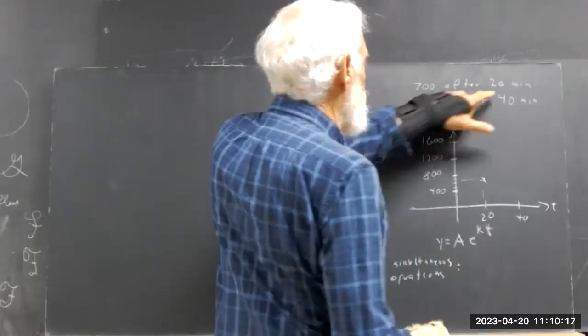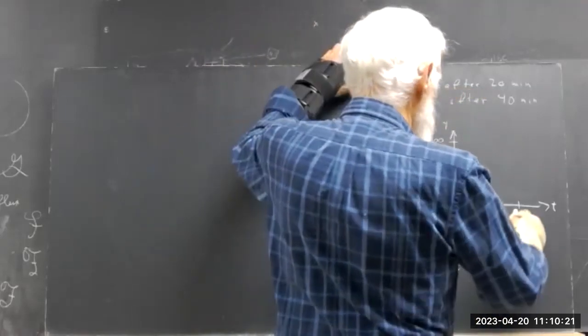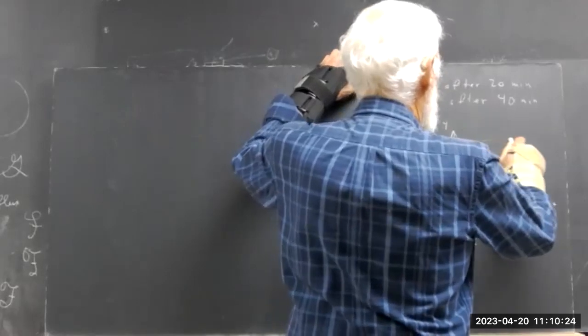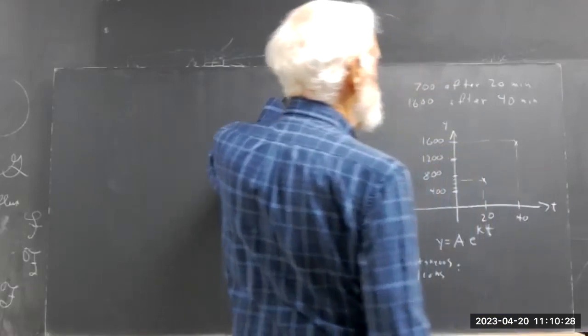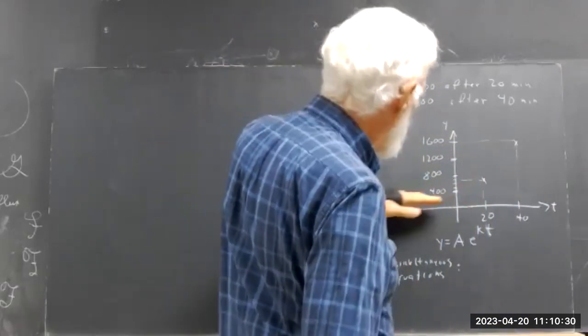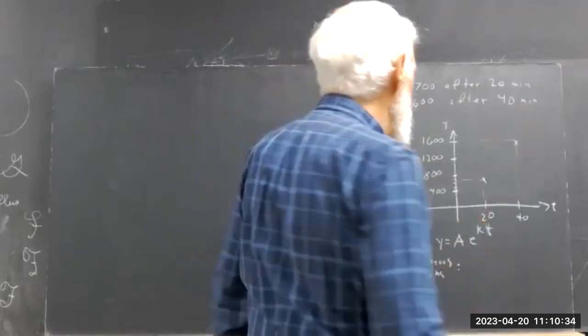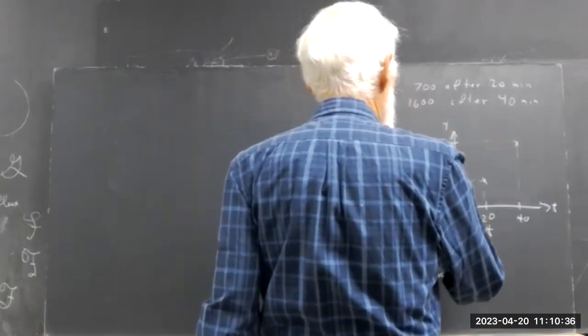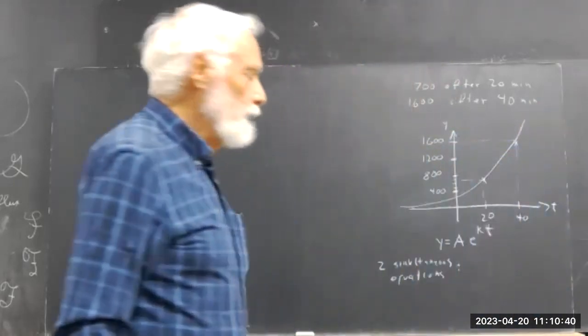Right, here's our point, 20 minutes, 700, whatever. In 40 minutes, 1600. Now we want to draw an exponential curve. Starts over here somewhere and comes up here in the shape of an exponential. So the curve might look like this.